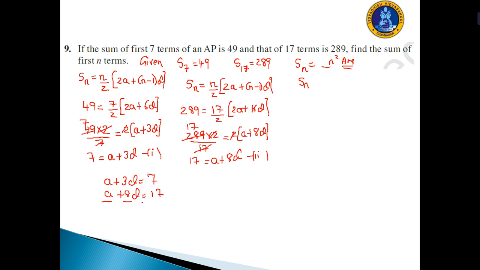So minus, minus, minus. So here we cancel it. Minus 5d is equal to minus 10. So d is equal to 2.